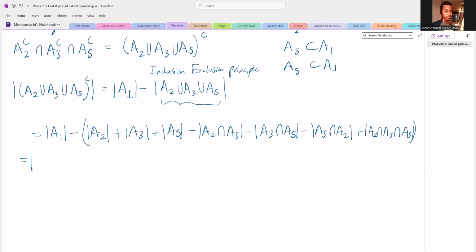So we can simplify this A1. We're just going to open the brackets and break this down. Plus A10, minus A30.